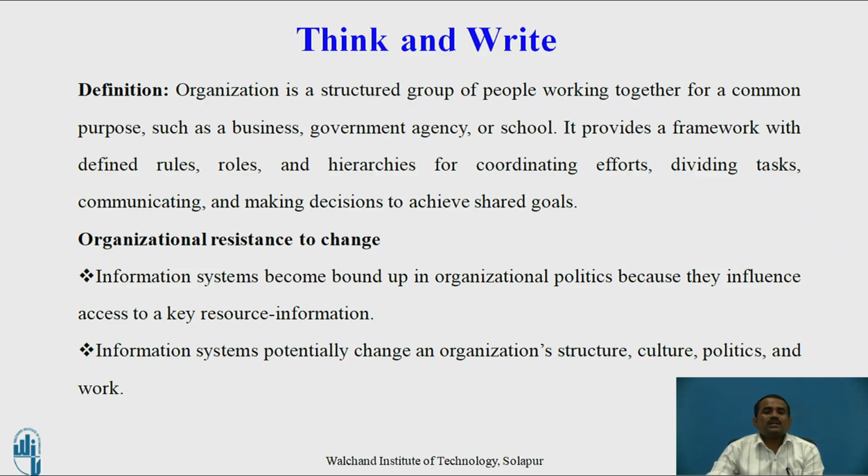Here we have to know what type of structure there is, what type of culture we have to adapt in the business, what types of politics we have to consider, what type of work and environment we have to adapt, and how the coordination will work among the different types of employees in the structure of the business.